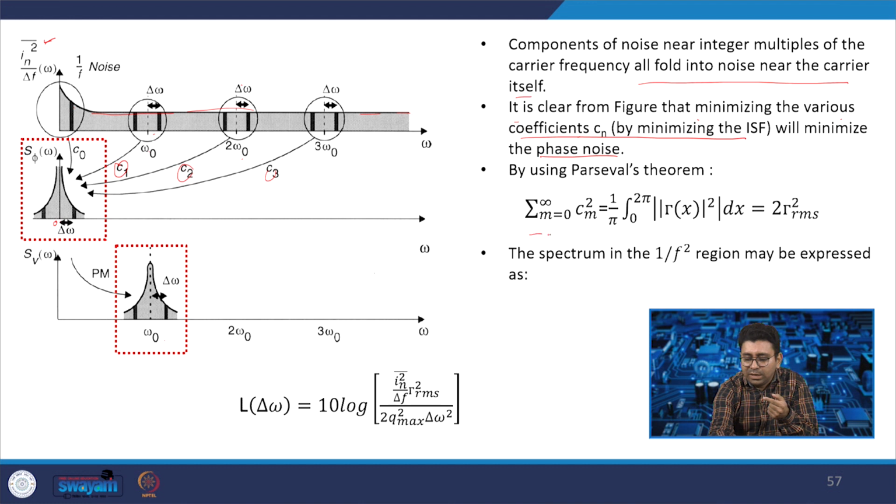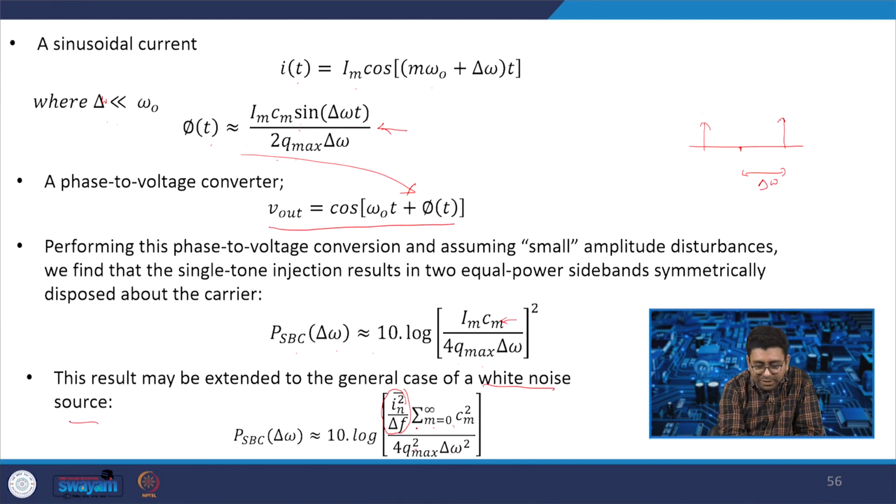This whole summation can be expressed in terms of the RMS value, which is gamma RMS square, and if we replace the 1 by f square region spectrum in that equation, it can be expressed by this equation: in square by delta f, gamma RMS square by 2 q max square into delta omega square. So, this is the same equation.